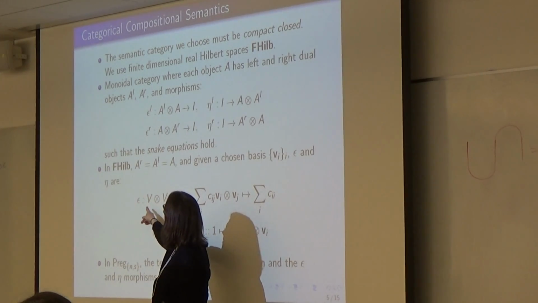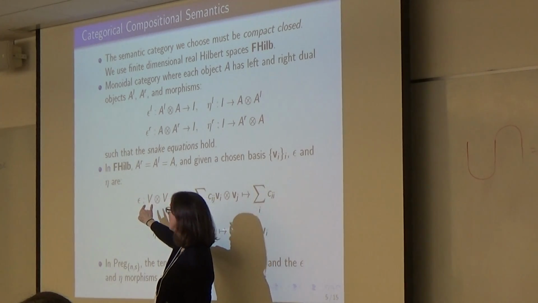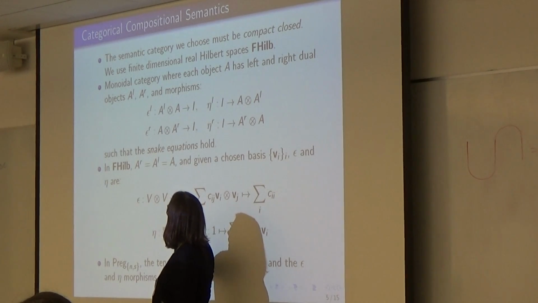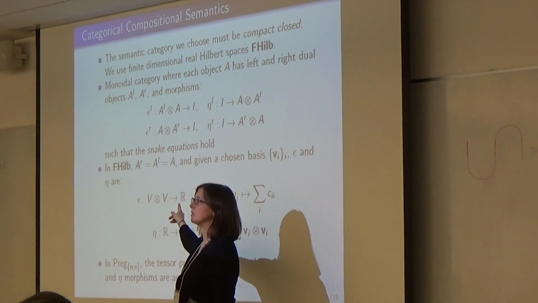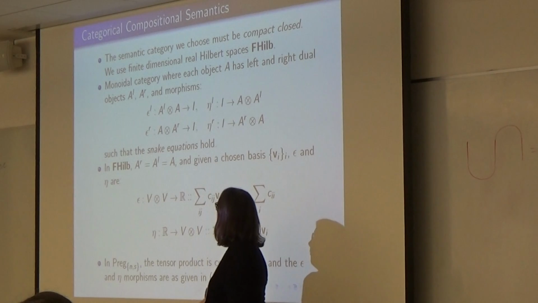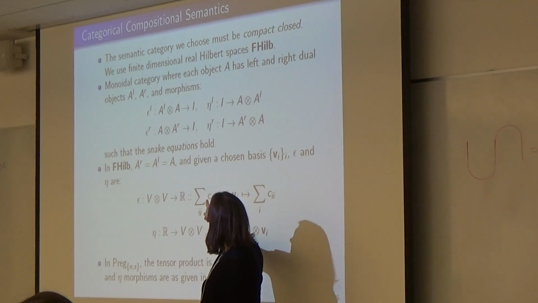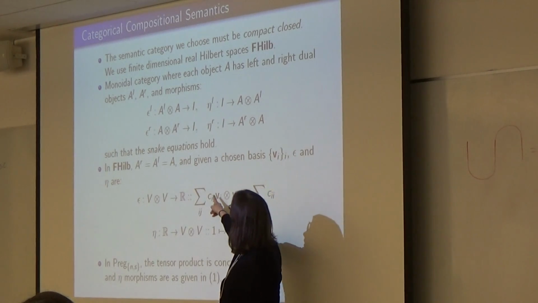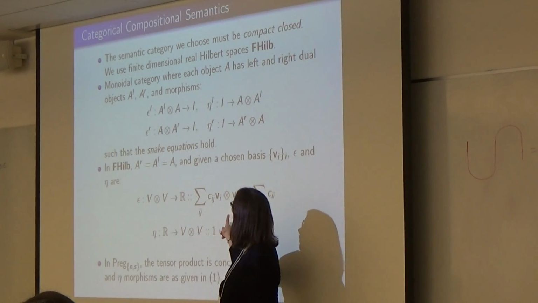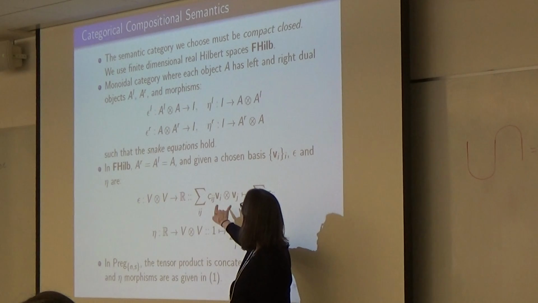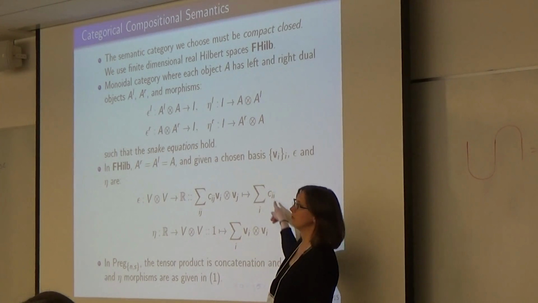Epsilon sends a tensor product of two vector spaces to just the real numbers, which is the unit object in FL. What this does is take a rank 2 tensor to its trace.